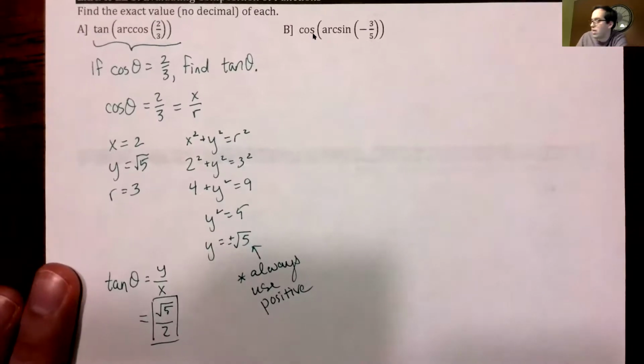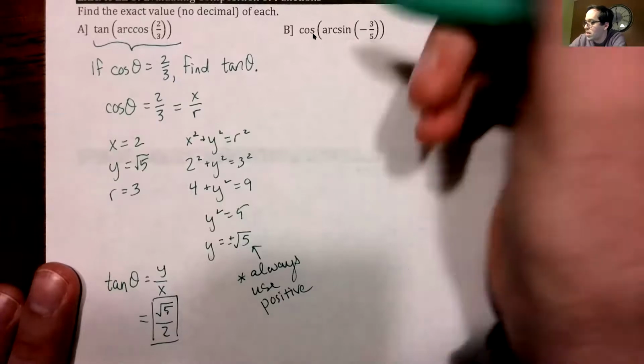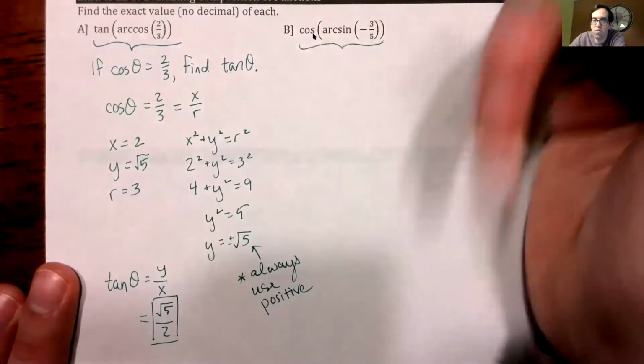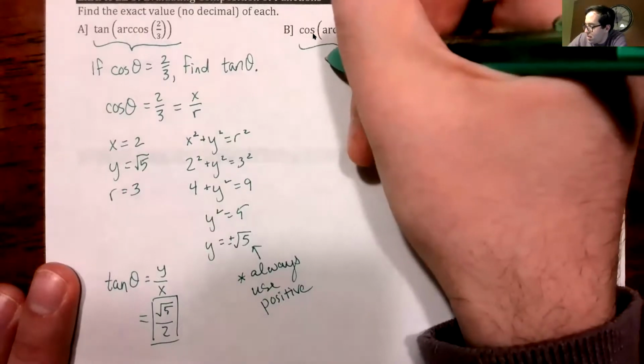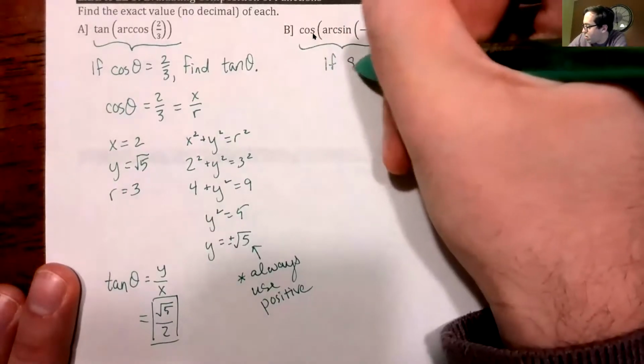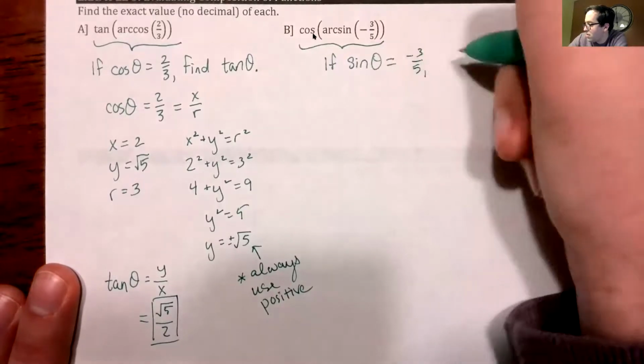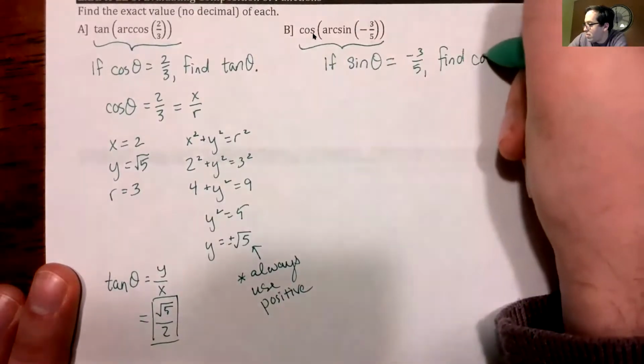So we're going to do the same thing one more time for letter B: cosine of arc sine of negative 3/5. Just to make this easier, I'm going to once again rewrite this as a question that we already know how to solve. If sine of theta equals negative 3/5, find cosine of theta.